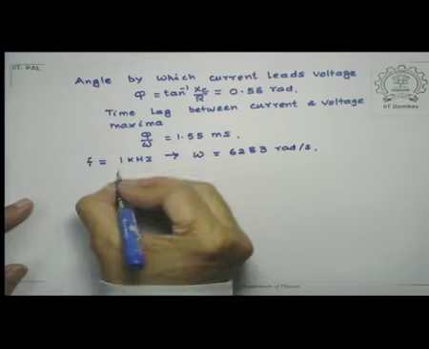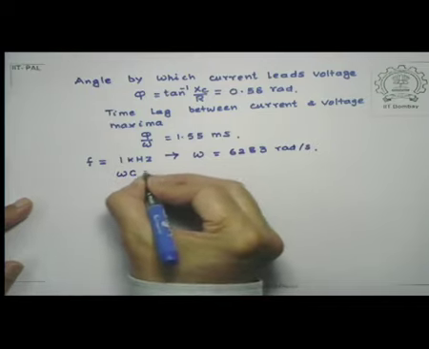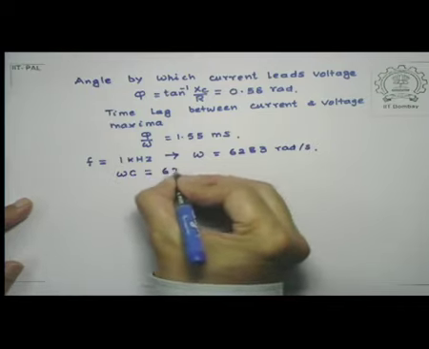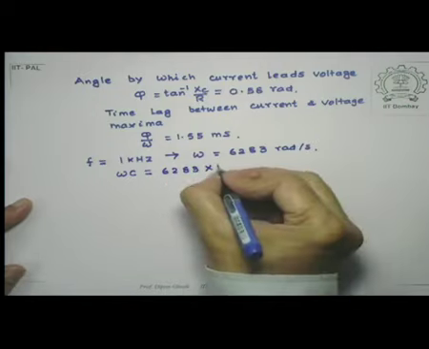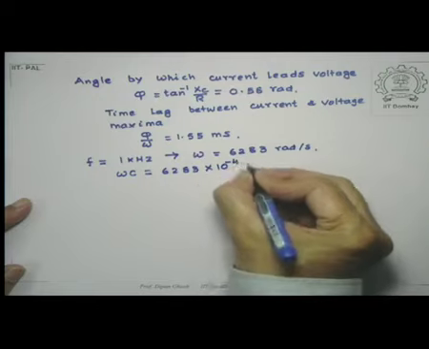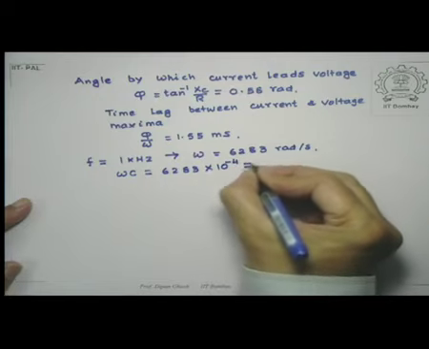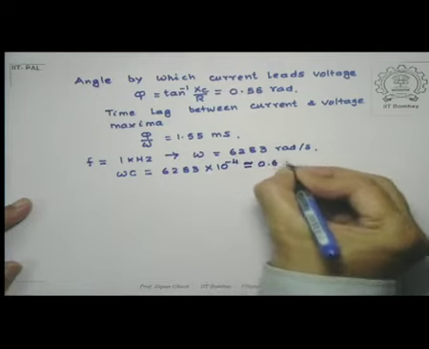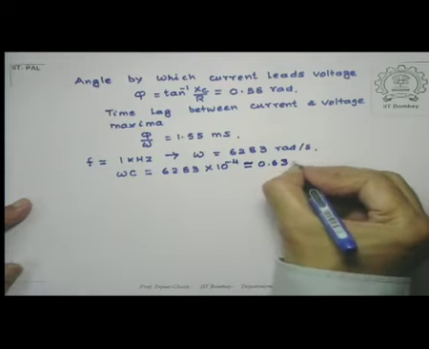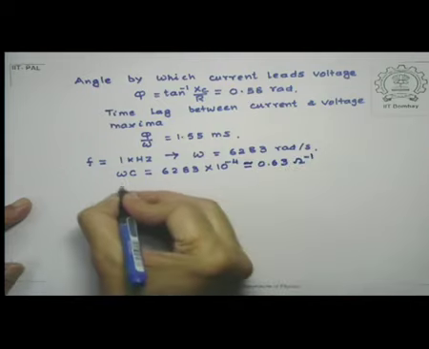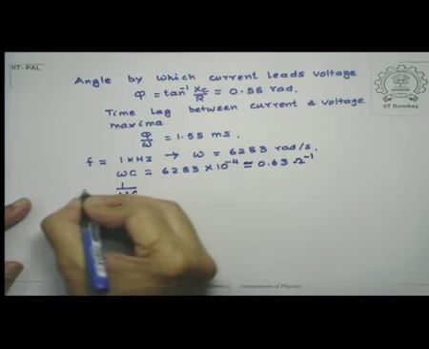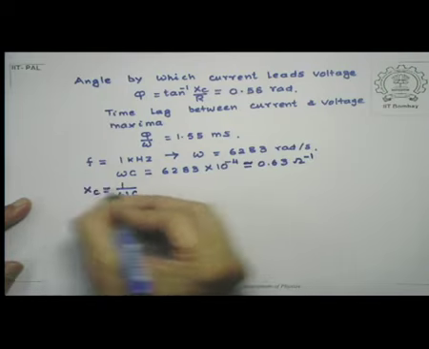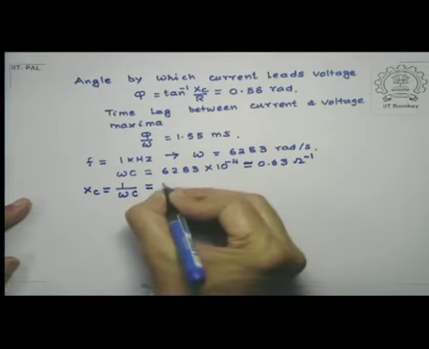And omega times c is 6283 multiplied by 100 microfarad, that is 10 to the power minus 4 farads, and that's equal to approximately 0.63 omega inverse.